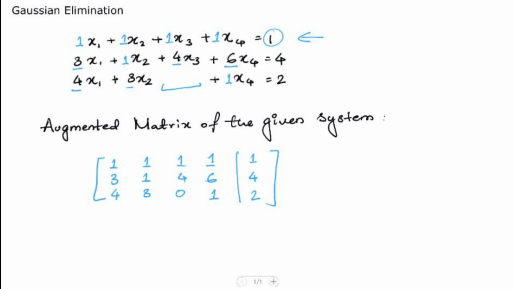So, writing down the augmented matrix, it's clear. Now let's go ahead and start working with the augmented matrix and reduce it to row echelon form. So our augmented matrix looks like this: 1, 1, 1, 1, and then we have here 3, 1, 4, 6, and here we have 4, 3, 0, 1, 2.